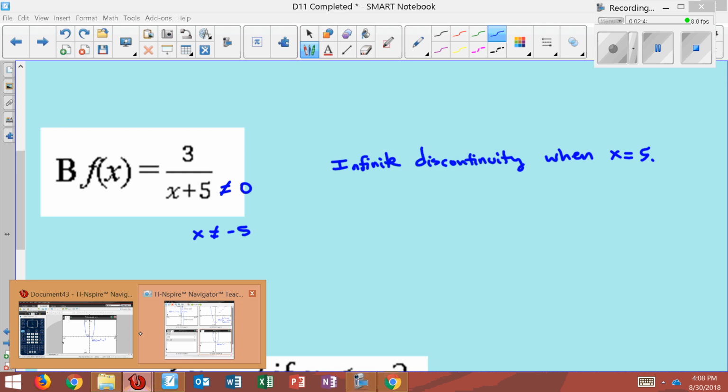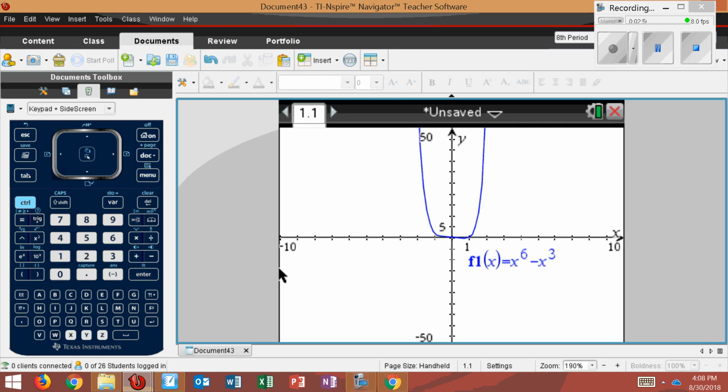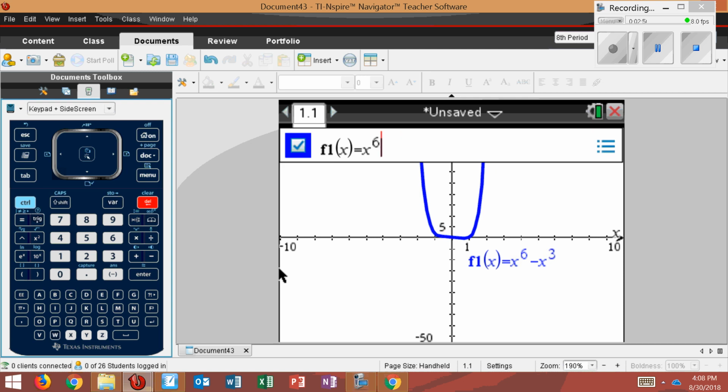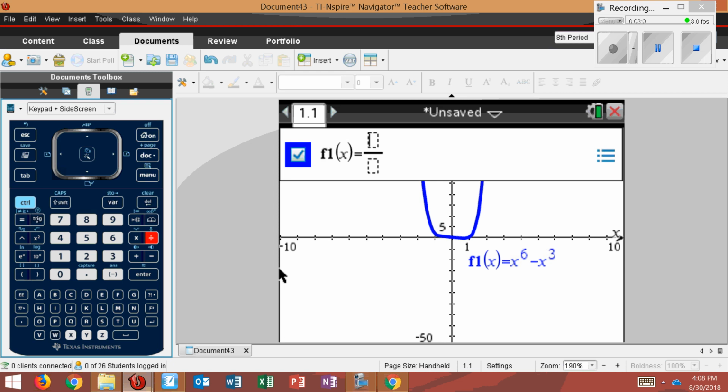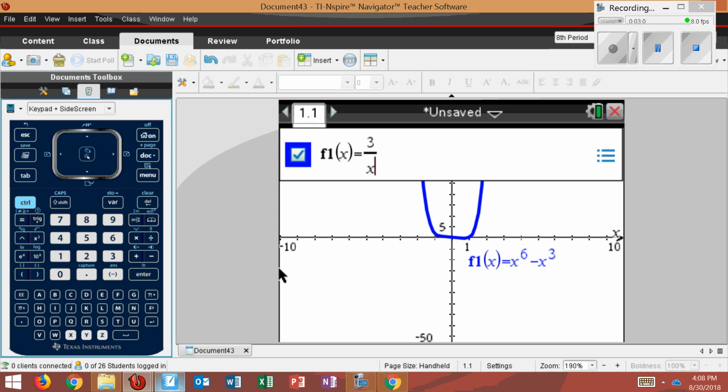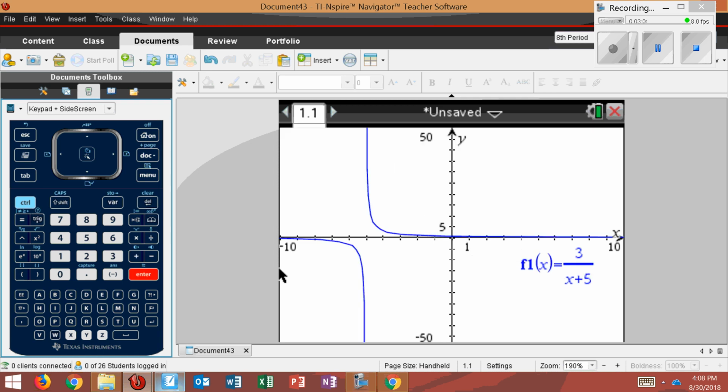So I'll go back to my graph here. And the equation was 3 over x plus 5. And you can see there's our graph right there.